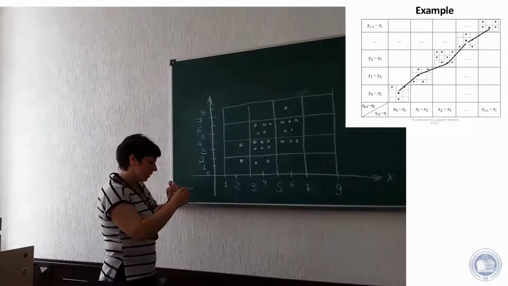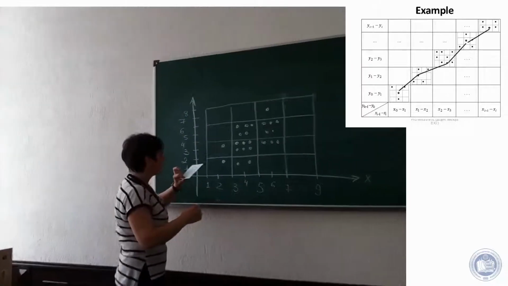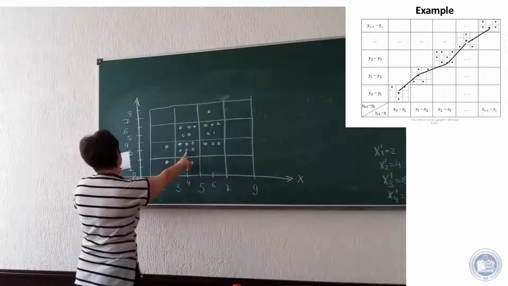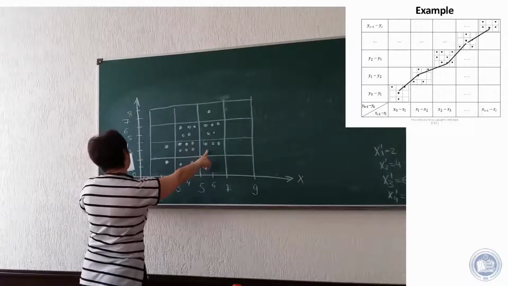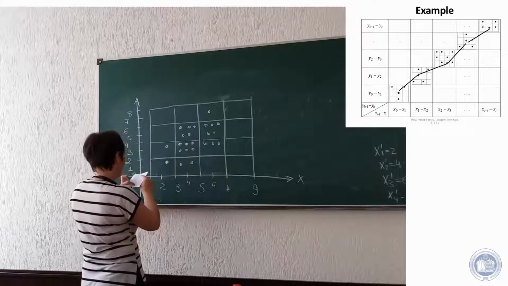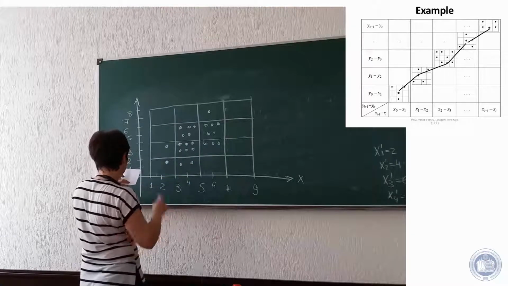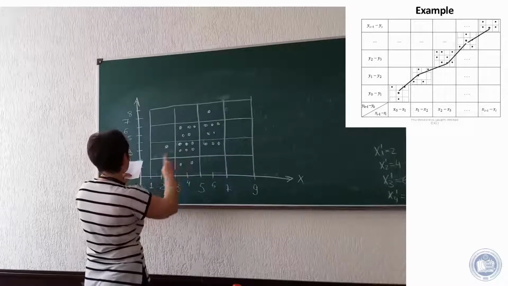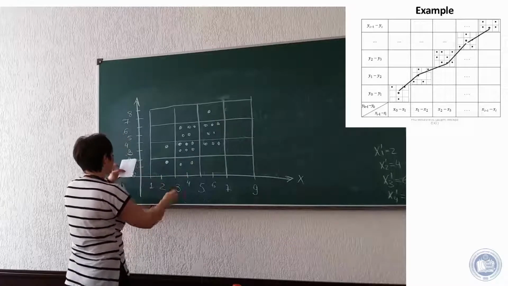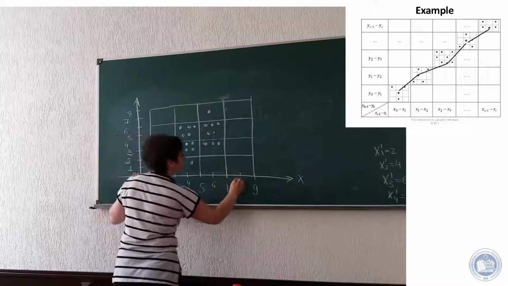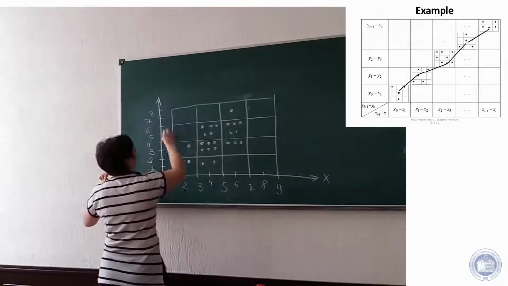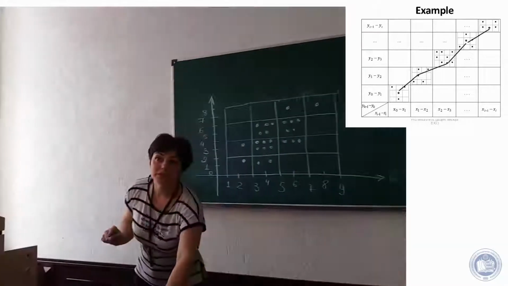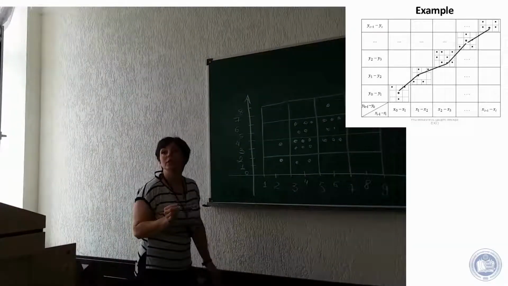And next. Okay, 1, 1, 2, 6, 5, 3. Where is 2? 2 here. 2, 3, 5, and 1. Okay, and the last. x equals 8 and y equals 7. 1. Okay, students, this graph is called correlation table.